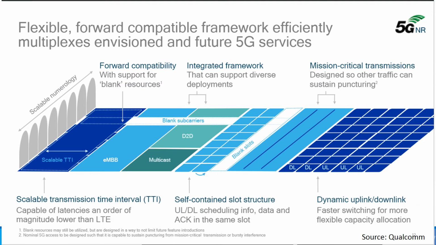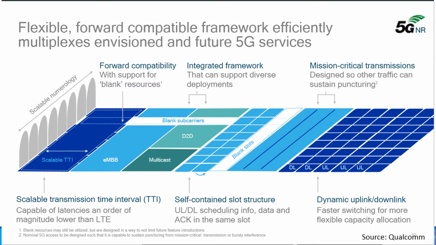And you can actually mix and match. This is another very good picture from Qualcomm. So you can see that the different kinds of subcarriers are mixed when transmitting. So you can use the scalable numerology for different services in the same particular transmission, right? As you can see, you have eMBB, the enhanced mobile broadband carriers.